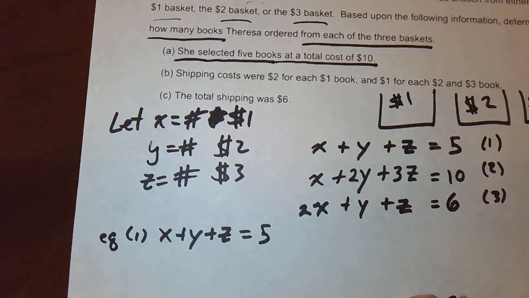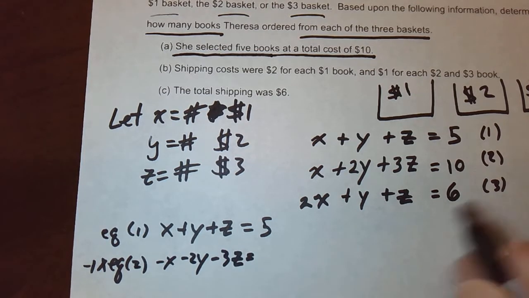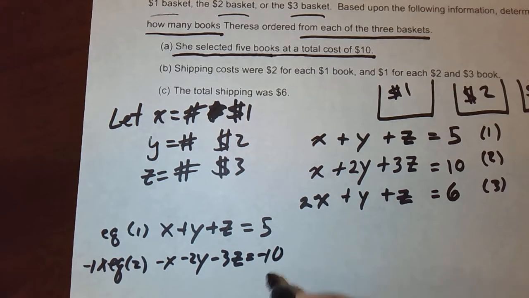I'm going to eliminate the x from those two equations. So I will say -1 times equation 2, and that would give me negative x minus 2y minus 3z equals -10.